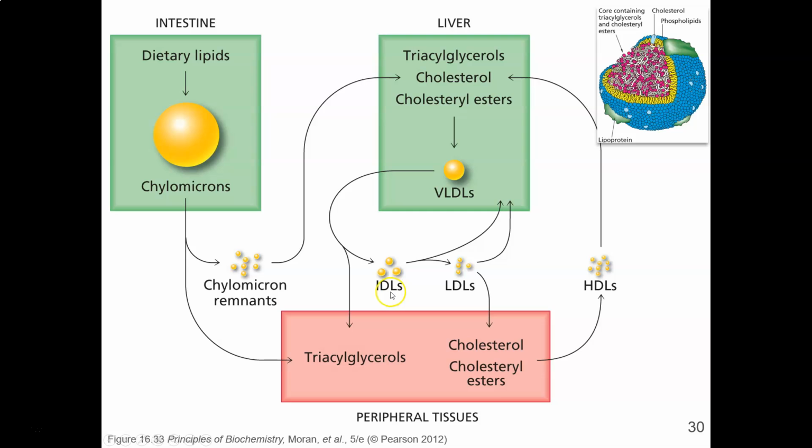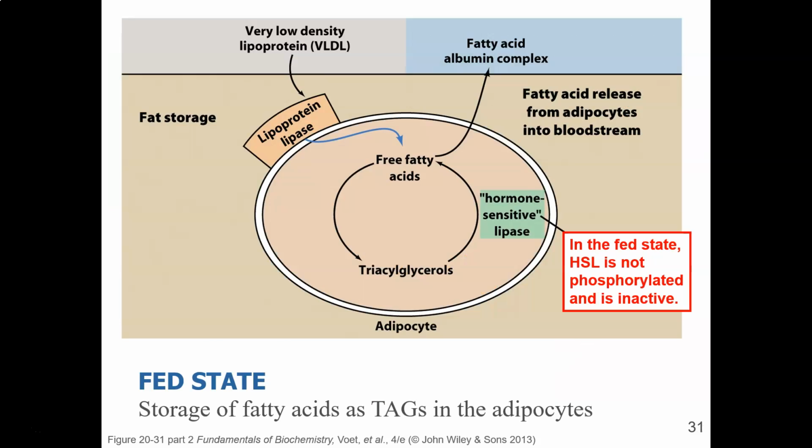And as the triacylglycerols are removed, the particles increase in density, so they become intermediate density lipoproteins. And again, as the triacylglycerols are removed, we form low density lipoproteins that are enriched in cholesterol. Peripheral tissues can take those up as well, since cholesterol is the starting material for steroid biosynthesis.